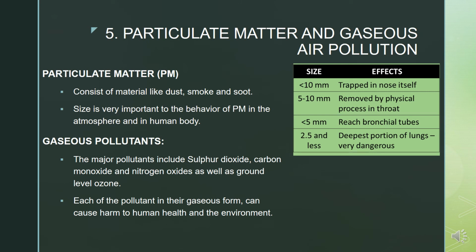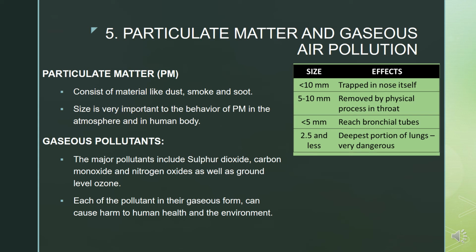Fifth is particulate matter and gaseous air pollution. We discussed this earlier itself. Particulate matter consists of materials like dust, smoke and soot. Size is very important to the behavior of particulates in the atmosphere and human body. The size of particulate materials is defined on the right side.